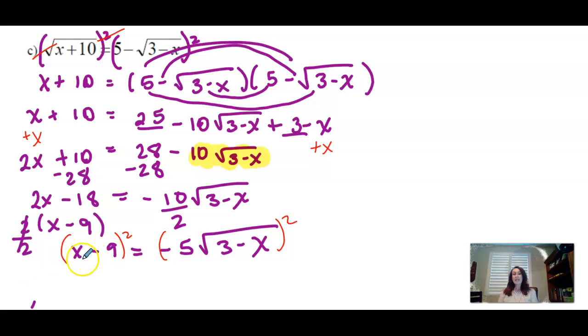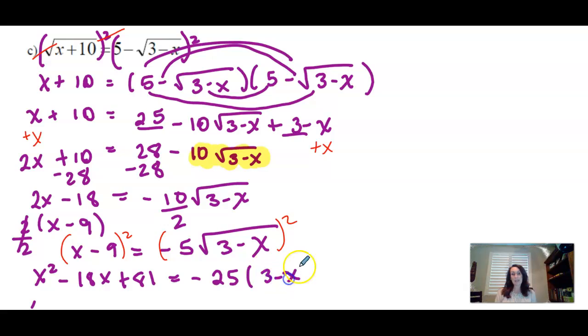On the left side, you're squaring this binomial, so don't forget to do outside insides. X times x is x squared. Outside insides is a negative 18x. And then negative 9 times negative 9 is plus 81, which equals the negative 5, you square it, so that's negative 25, and then you're going to need to use a parenthesis for the 3 minus x.